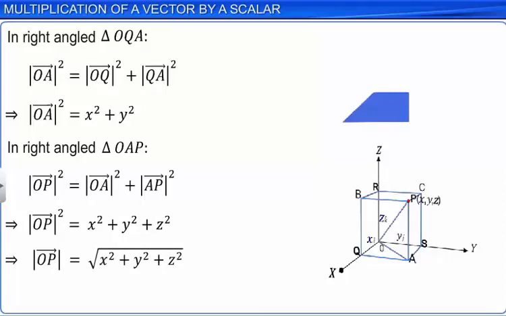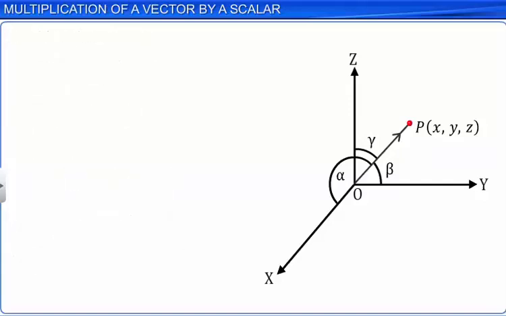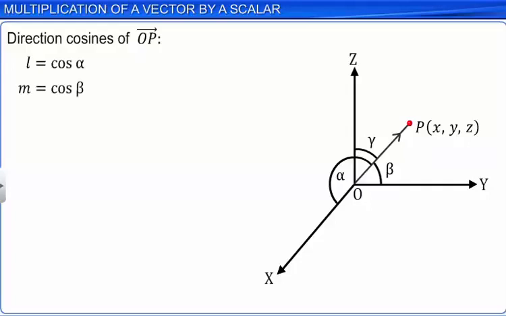Suppose vector OP makes angles alpha, beta and gamma with the x, y and z axis respectively. Then the direction cosines of vector OP are given by cos alpha, cos beta and cos gamma. They are denoted by l, m and n respectively.